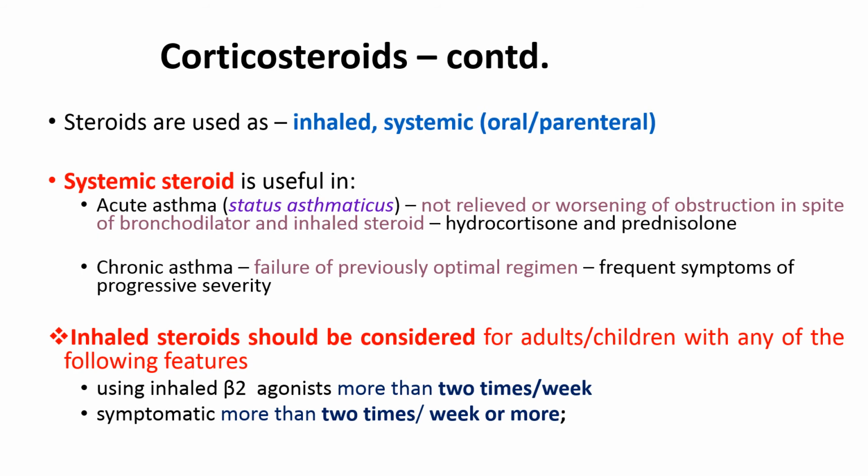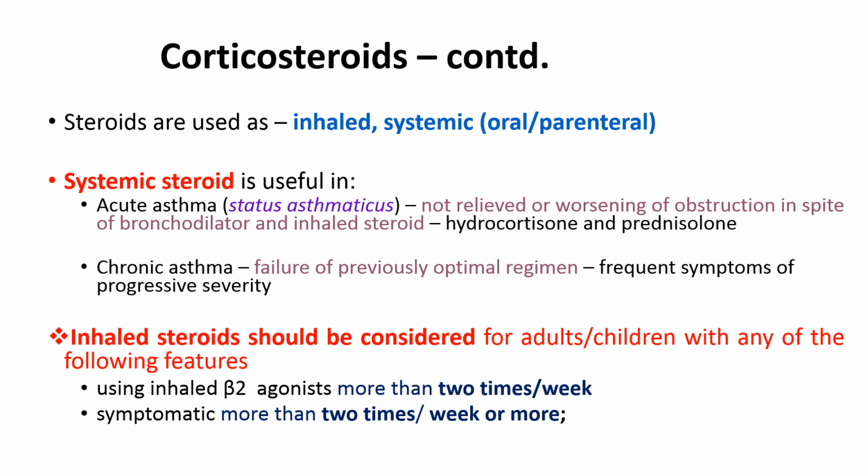So by the normal treatment protocol, status asthmaticus cannot be treated. In that particular case, because you have to save the life of the patient, you have to opt for systemic corticosteroids such as hydrocortisone or prednisolone, along with other agents.